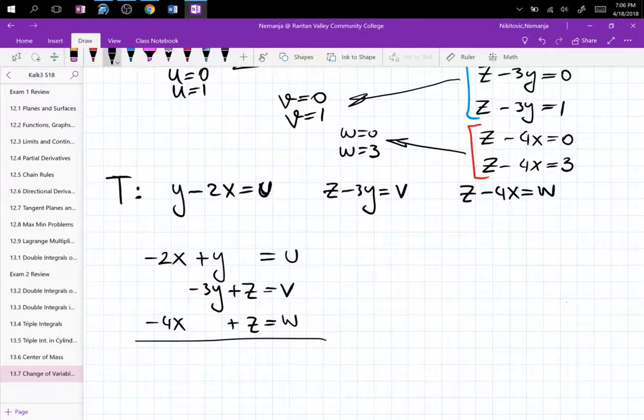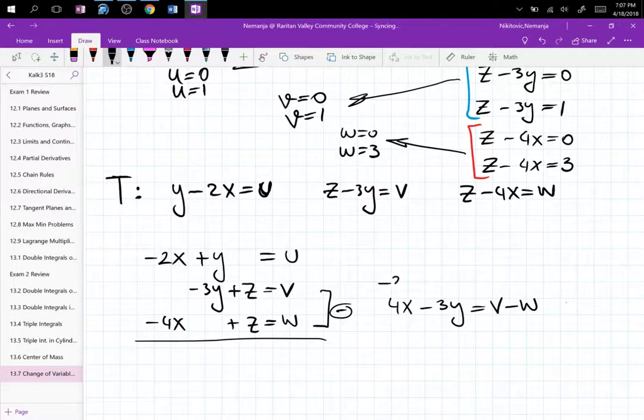Alright, so if I subtract these two equations, I will kill a z. By subtracting these two equations, top minus bottom, I get 4x minus 3y equals v minus w. And I also have negative 2x plus y equals u.